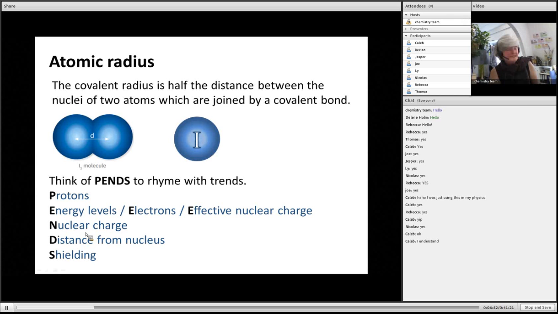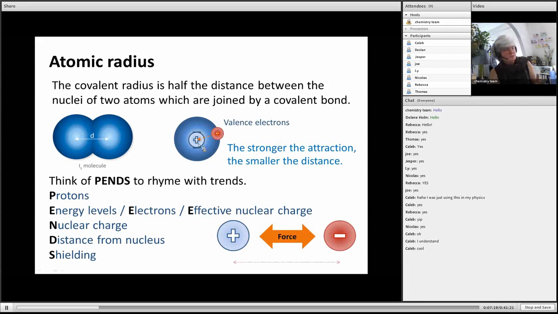Then the distance from the nucleus, think of Coulomb's law, that distance. And then shielding. Shielding affects the nuclear charge to make it the effective nuclear charge. So I'll go over those now. But if you just think of PENS as a mnemonic and check whether you've discussed all of those things.